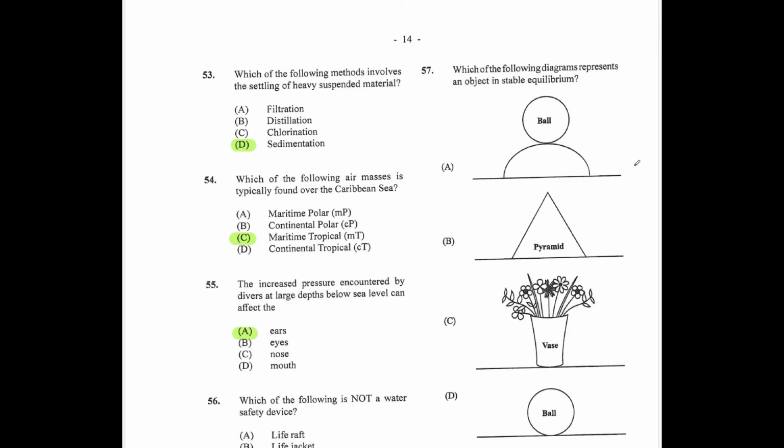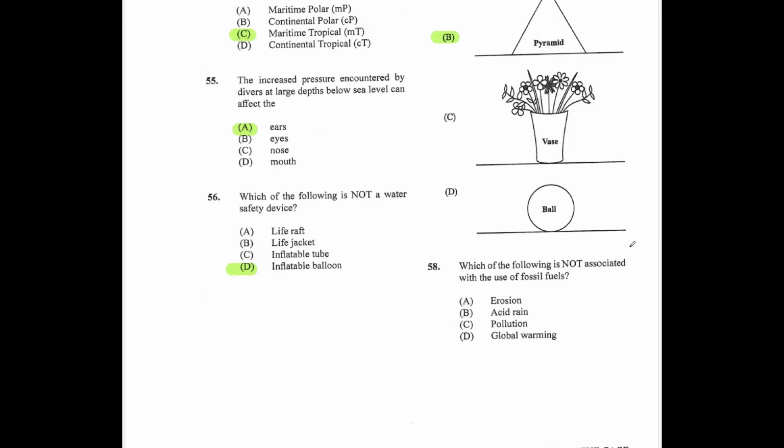Stable means it has a nice base. That is the pyramid. Which of the following is not associated with the use of fossil fuels? Erosion, that's the washing away of soil. So that's already the answer there for 58A.